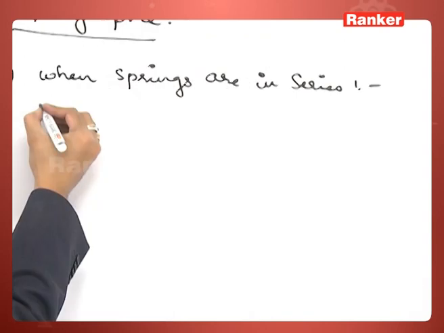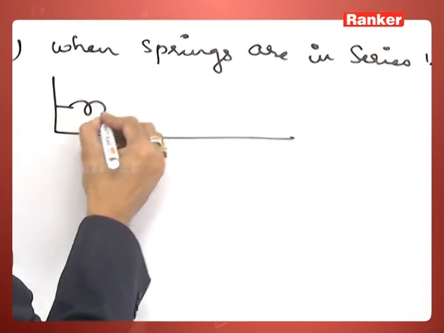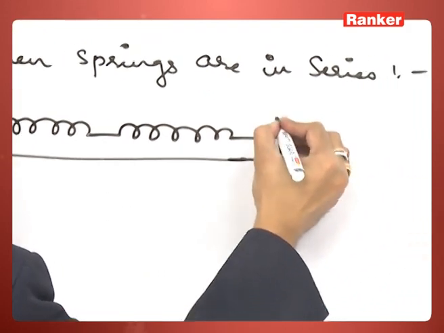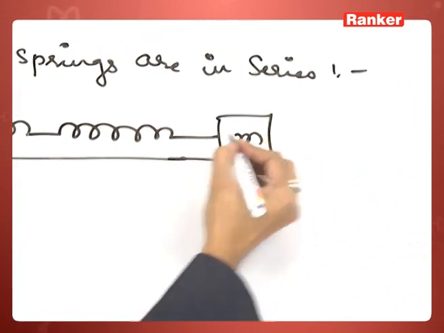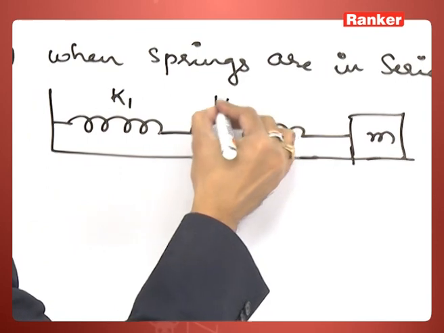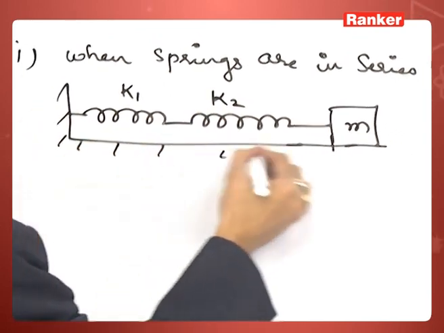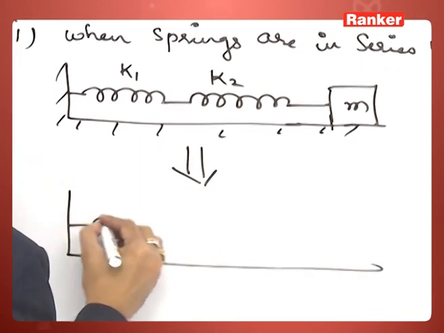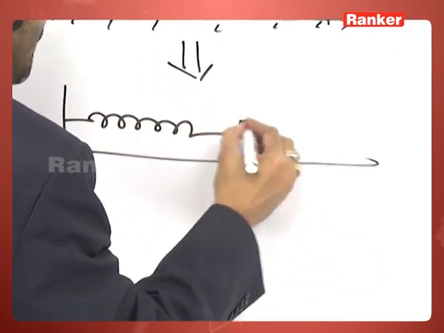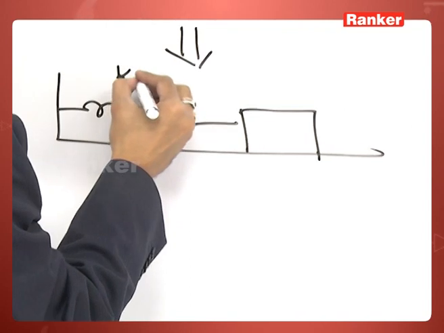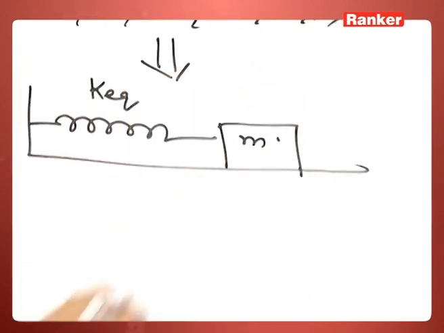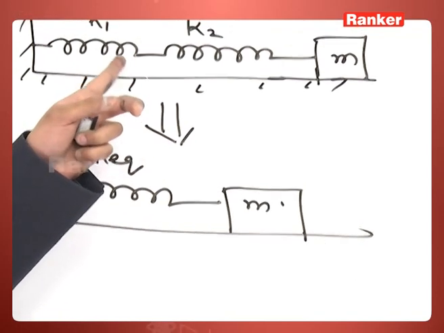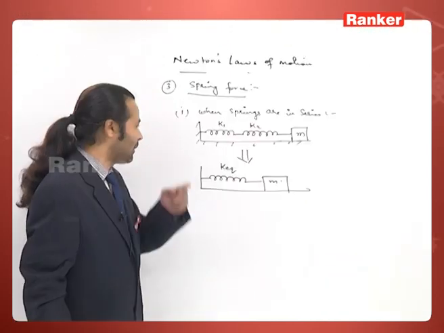That means suppose these are two springs connected to a block of mass m, k1, k2. I just want to have an equivalent spring which I can substitute for these two springs.